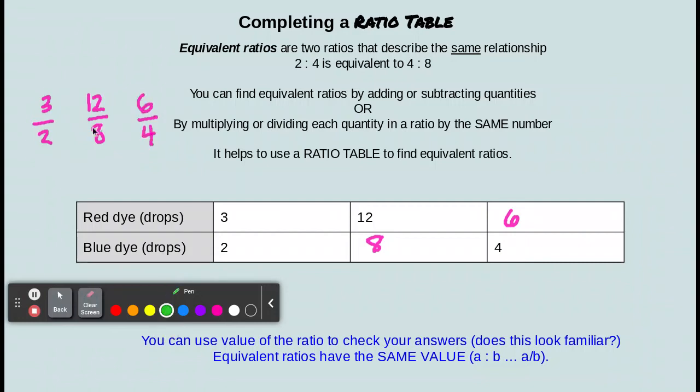What if we simplify these? 12 divided by 4 gives me 3. 8 divided by 4 gives me 2. 6 divided by 2 gives me 3. And 4 divided by 2 gives me 2.